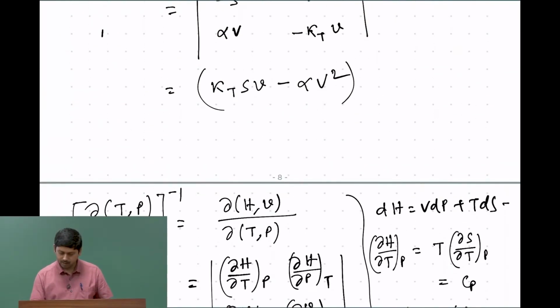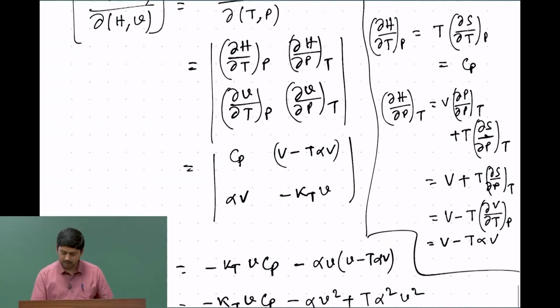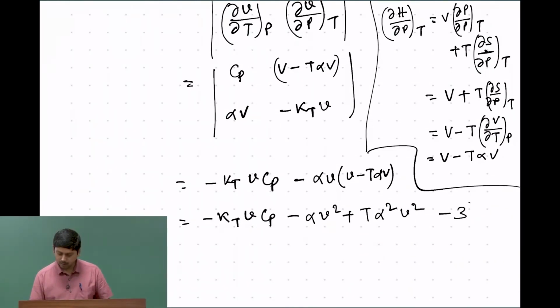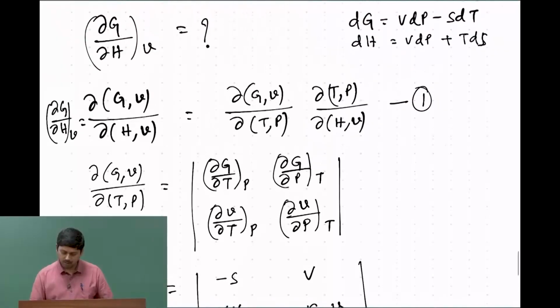So, let us say I write this one as 2 and this one as 3. Our original equation was 1.